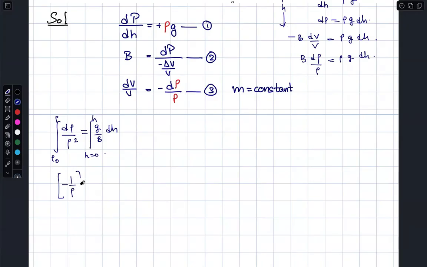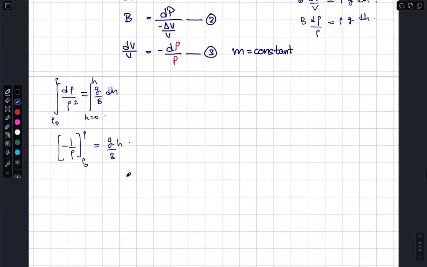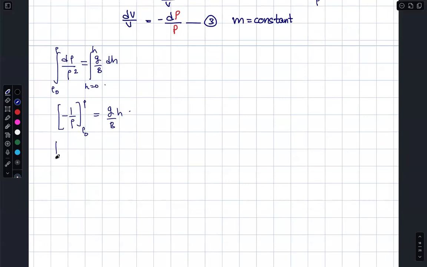Minus 1 by rho, with rho naught, is g by B times h. So 1 by rho naught minus 1 by rho is g by B times h.